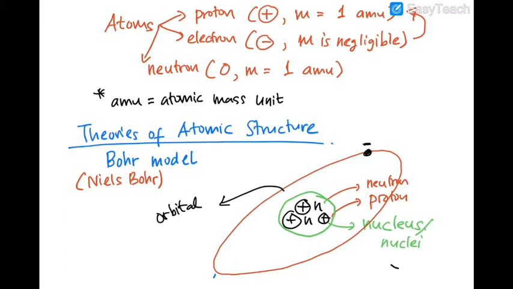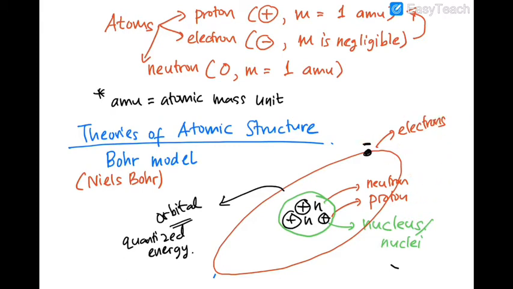Later on, we will take a look at orbitals in a more detailed manner, so we will talk about the quantized energy of the orbital. But for now, I will just explain this briefly. So again, we have electrons orbiting the nucleus in orbitals. So we have neutrons and protons, and we have electrons.